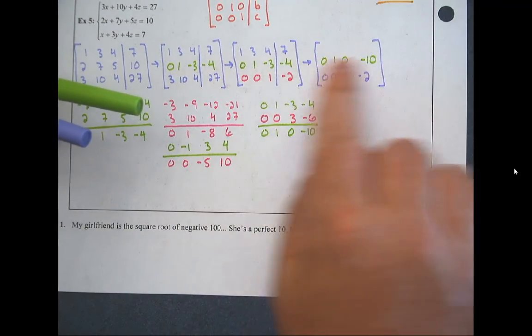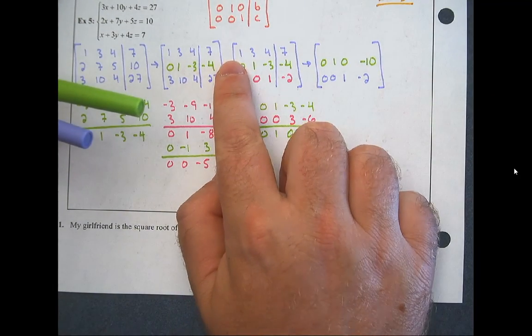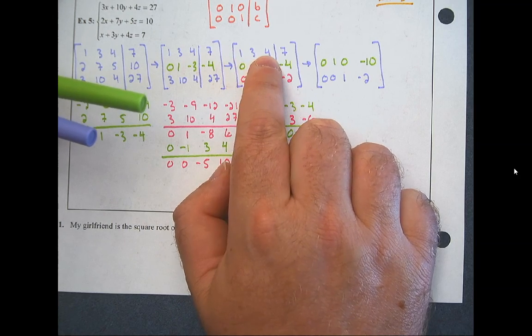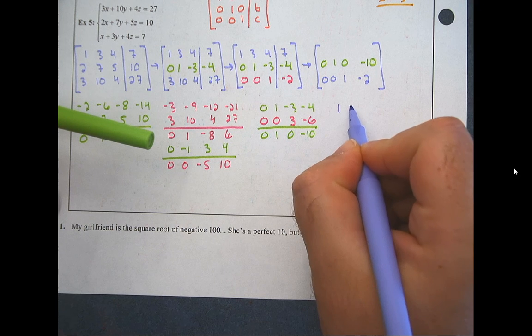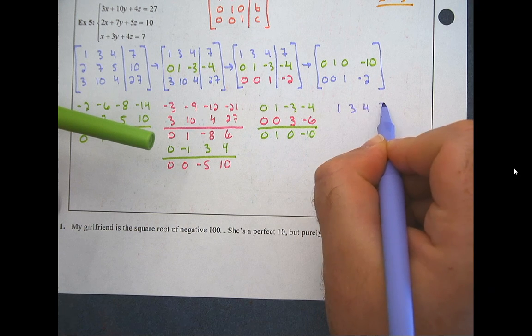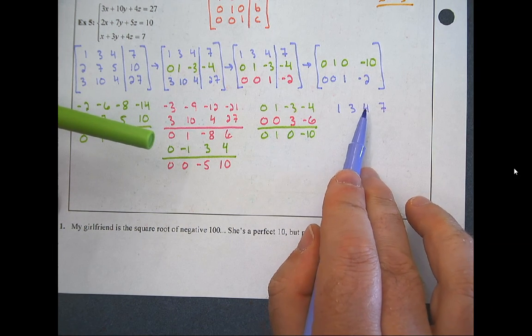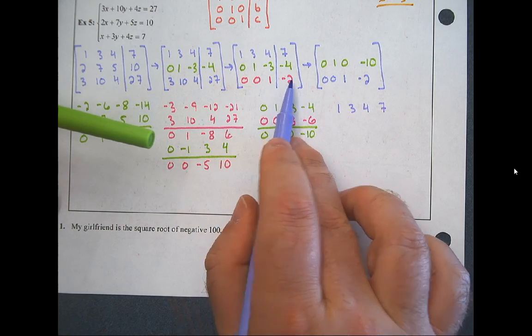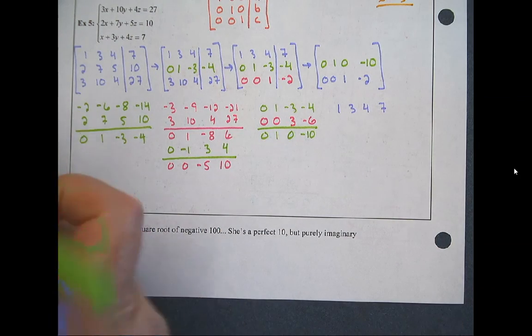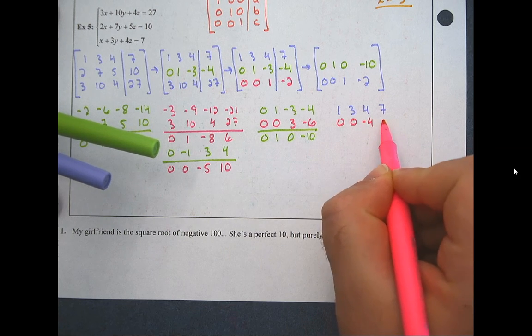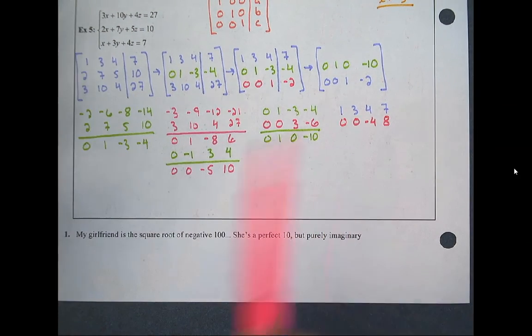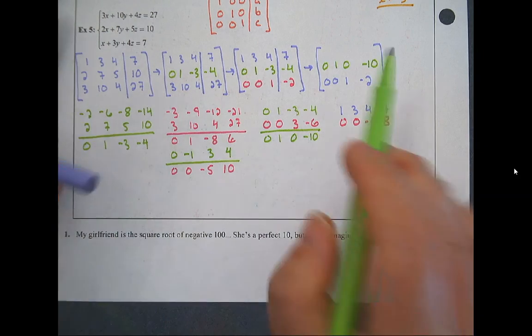Then as I look at the top row, I do like the 1, but I don't like the 3, and I don't like the 4. So I'm going to take that top row, 1, 3, 4, and 7. I'm going to kill off the 4 using the pink row, so I'm going to times the pink row by negative 4: 0, 0, negative 4, 8. I also don't like the 3, so I'm going to kill that with the green row.